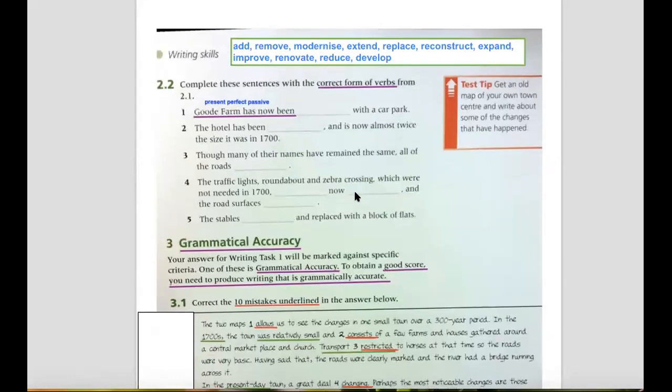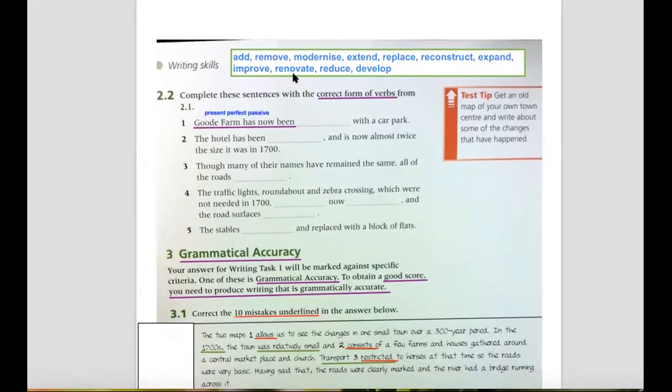So now we're going to practice using them in these sentences. So I have the words at the top here, and I want you to put them into the correct place in the sentence. Okay, you can see again here we've used the present perfect passive. So let's do number one together. So Good Farm has now been something with a car park.